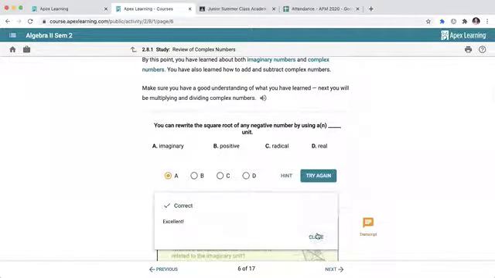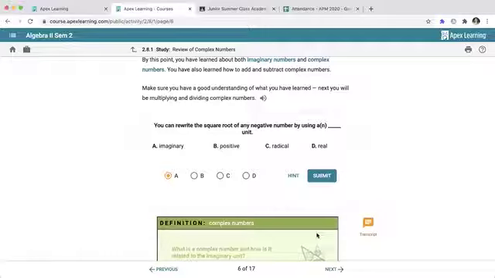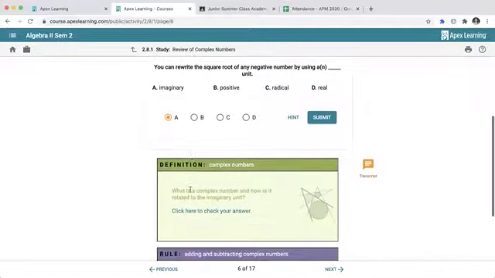That imaginary unit is the letter i. So the square root of -1 gives us a value of i. i stands for our imaginary unit.